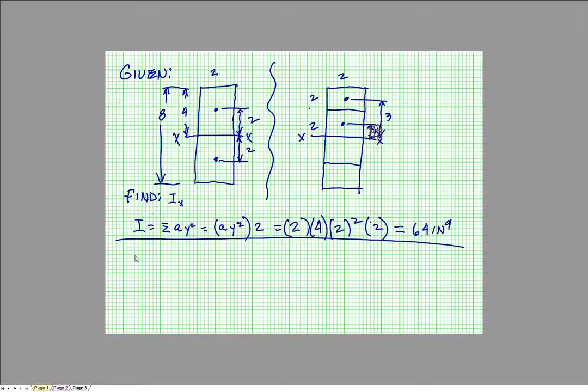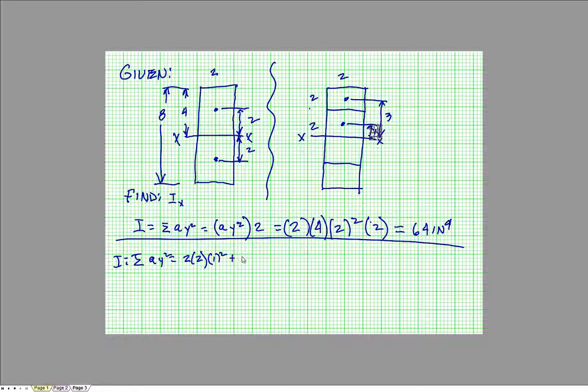So in that case, the moment of inertia would equal the sum of area times y squared. Same thing. So let's see our areas. Area 1 is 2 times 2, and the distance is 1.